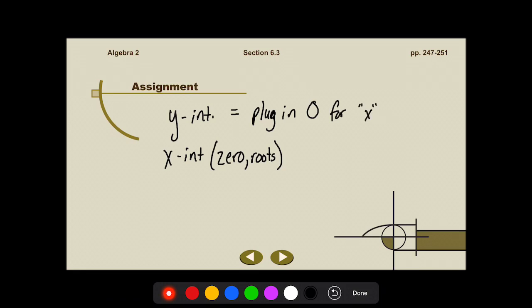To find the x-intercept, zeros or roots, we plug in 0 for the y. And then you solve. Remember, on the zeros, you can get 2 answers, you can get 1 answer, or you can get no answers. That's also possible.